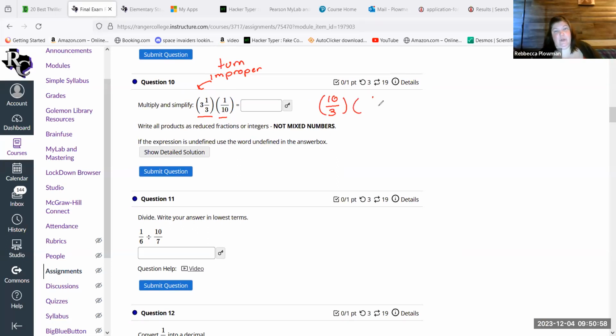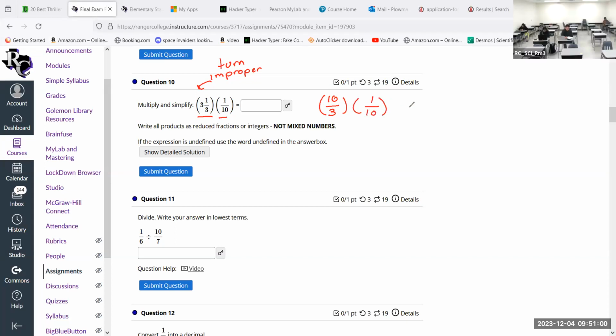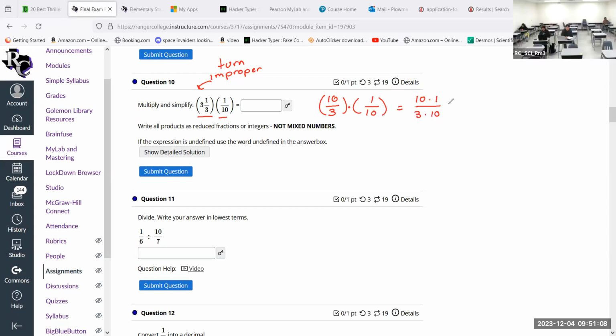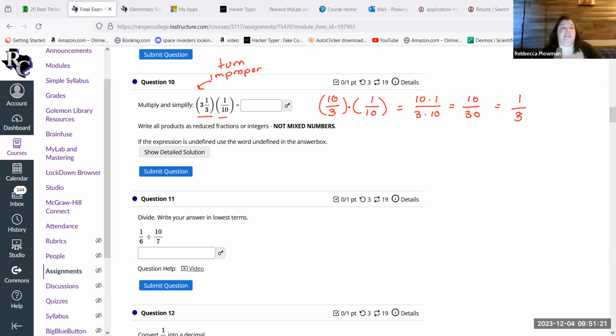And then we'll still keep 1/10. So when you multiply, all you have to do is just multiply the tops together and multiply the bottoms together. And then to make sure you simplify.